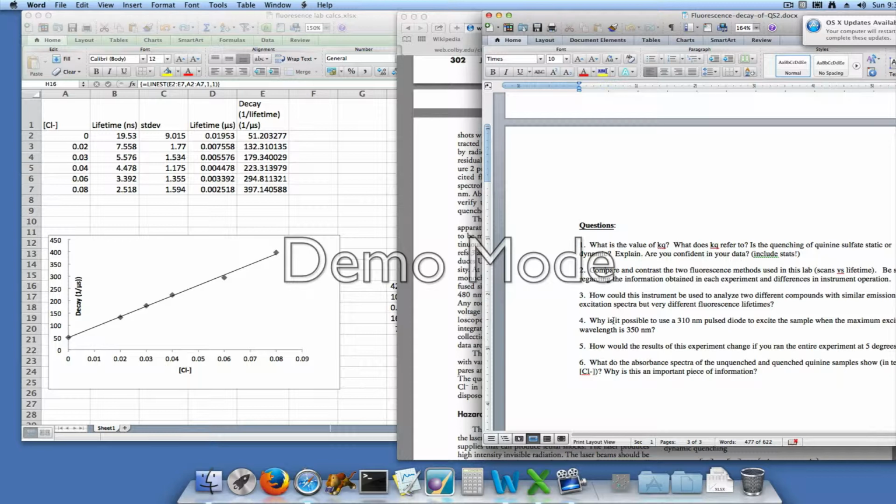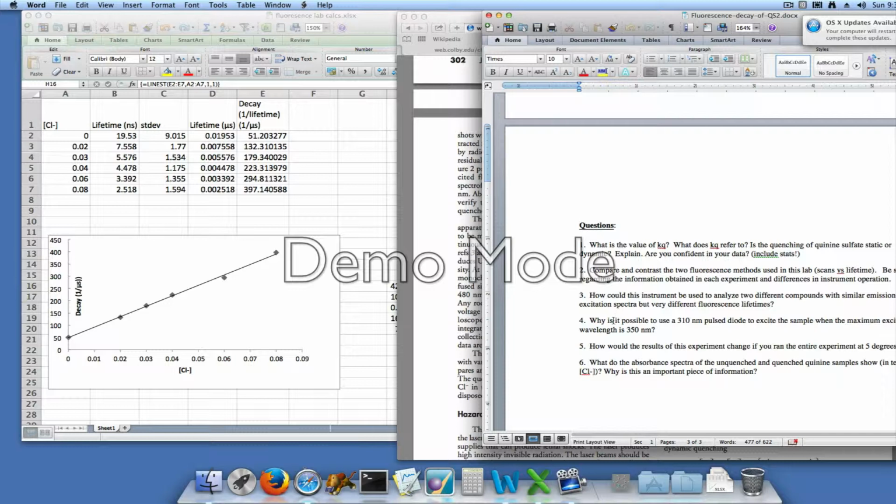So we're coming in with energy from the ground state to the excited state, which is more energy than coming from the excited state back down to the ground, to the excited vibrational state. And so because we have a difference in energy there, it's possible to use a 310 nanometer pulse diode to excite the sample when the maximum excitation wavelength is 350 nanometers.